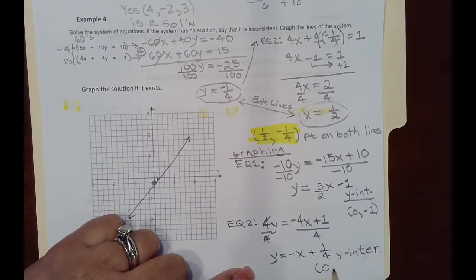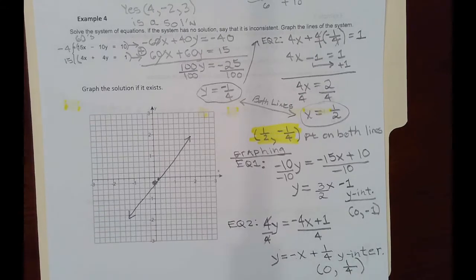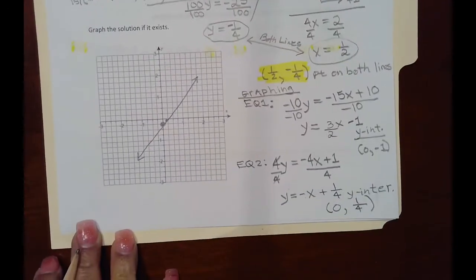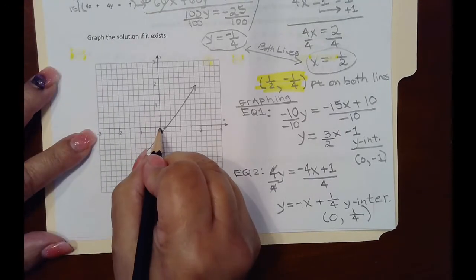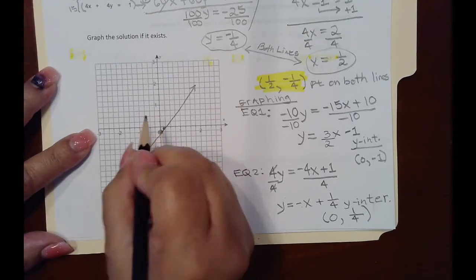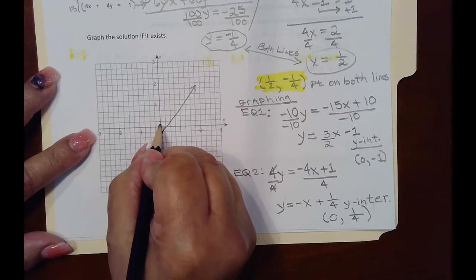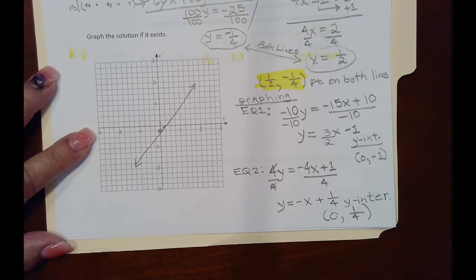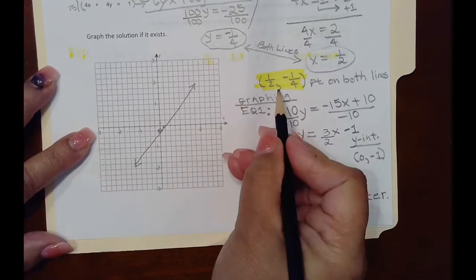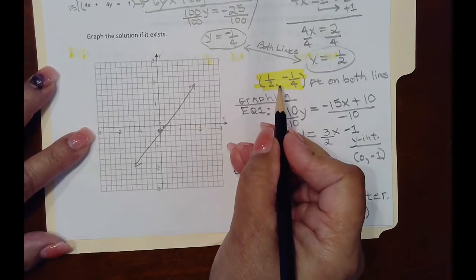Okay, so at 0, 1/4, you have a point that you can plot, which belongs to the second line that I'm about to graph. So at 0, 1/4, which would be about right here, about right there. And then we also have this common point, which is already graphed.